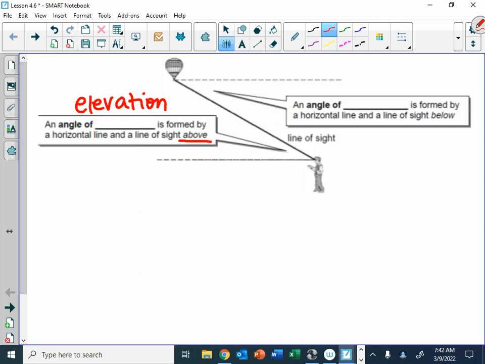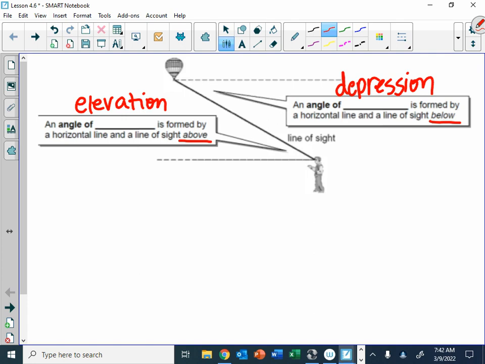Your angle of depression is formed by a horizontal line and a line of sight below. If I'm standing right here and looking down at the ground, this angle is the angle of depression. So the angle of elevation is above your horizontal line, and the angle of depression is below it.